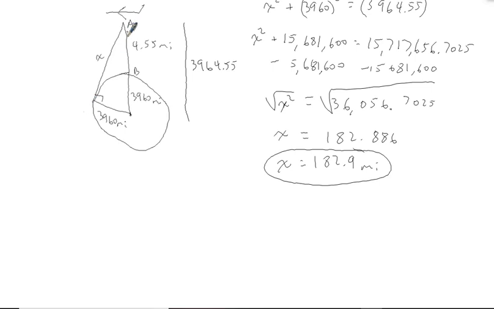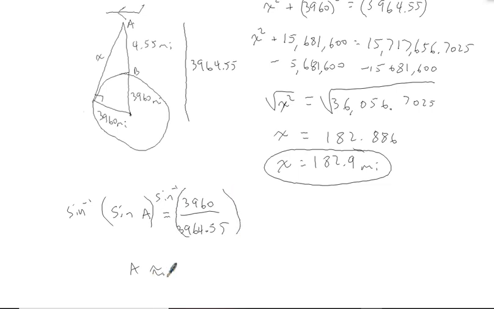Working from angle A, we have the opposite and the hypotenuse, and sine is the trig function that involves the opposite over the hypotenuse. To find angle A, we take the sine inverse of both sides. And A is approximately 1.5 degrees.